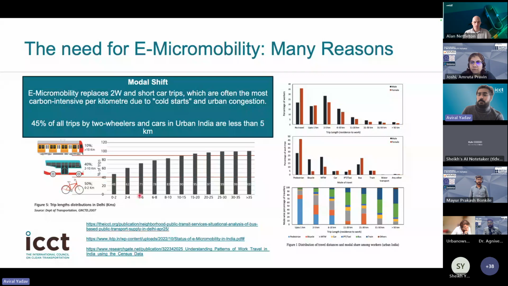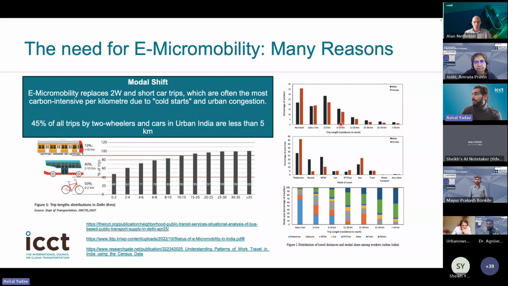So this data is from Delhi, but we can also look at the country level. There was this research paper by a researcher at IIT Delhi. And here we can see, based on 2011 census data, that among workers there is a significant percentage with trips of less than 5 kilometers.